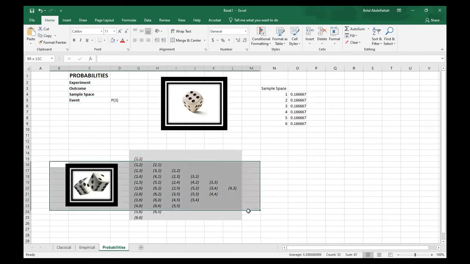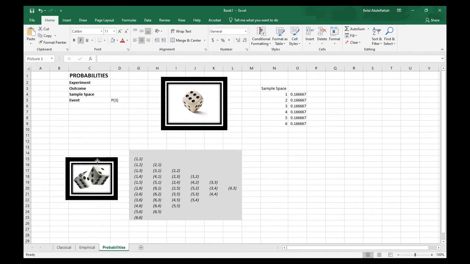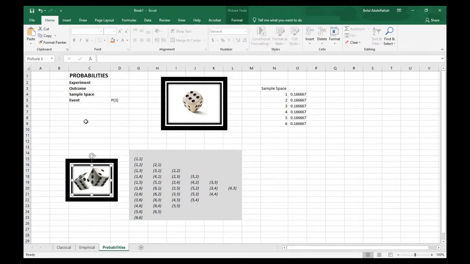So down below, I have another example, but now we're dealing with a pair of dice. If I'm trying to figure out what my sample space would be in an experiment like this, I would have to jot down all possible outcomes and then from there tally up my results. So if I am interested in landing an even number, let's say that would be the event that we're interested in.